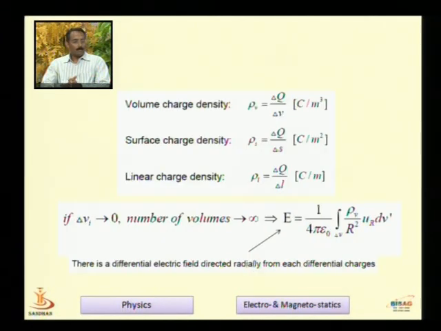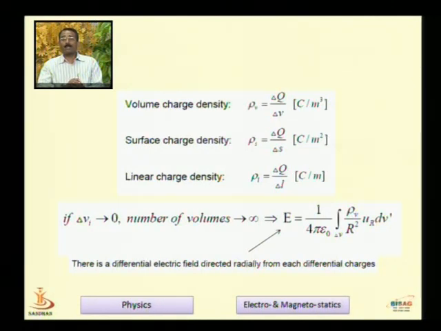Now consider volume charge density, surface charge density and linear charge density. Suppose your charge is distributed along a line, then you can consider linear charge density.